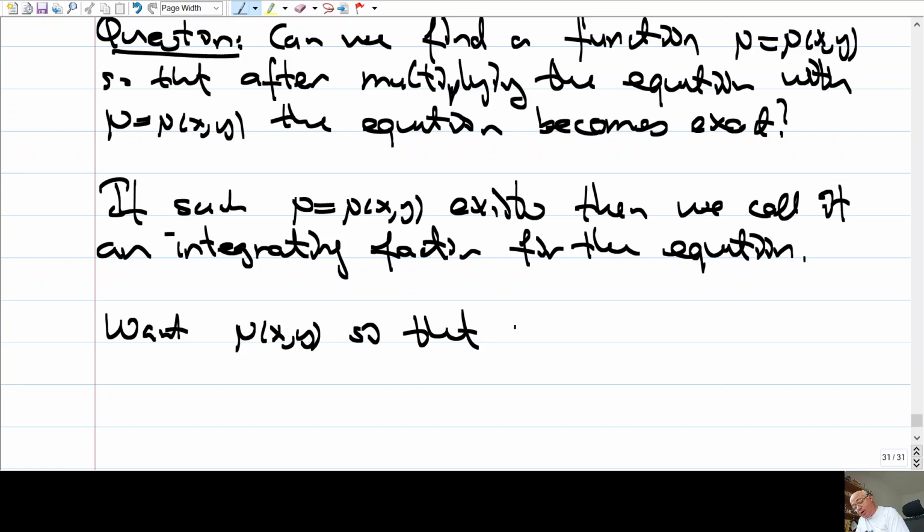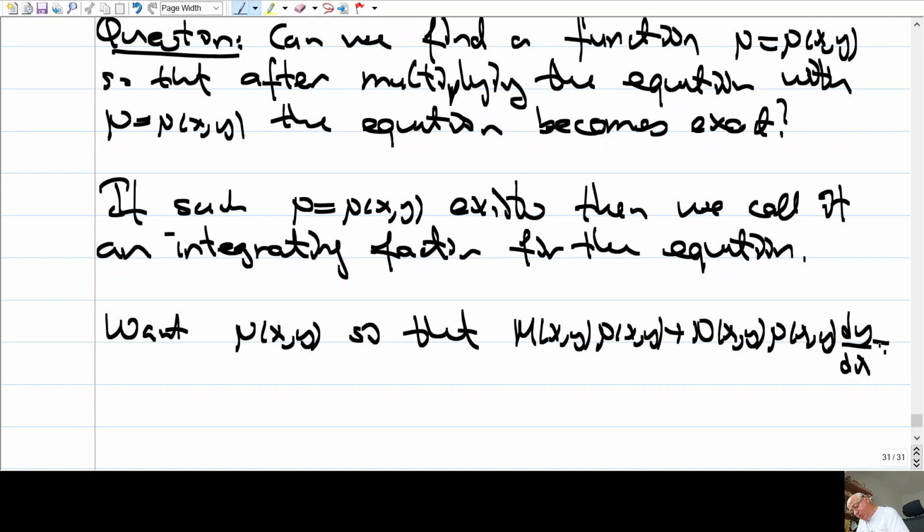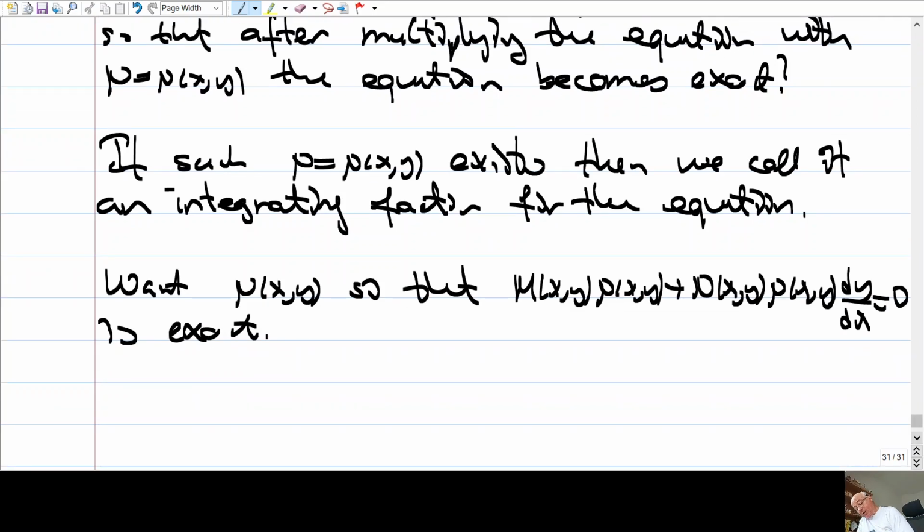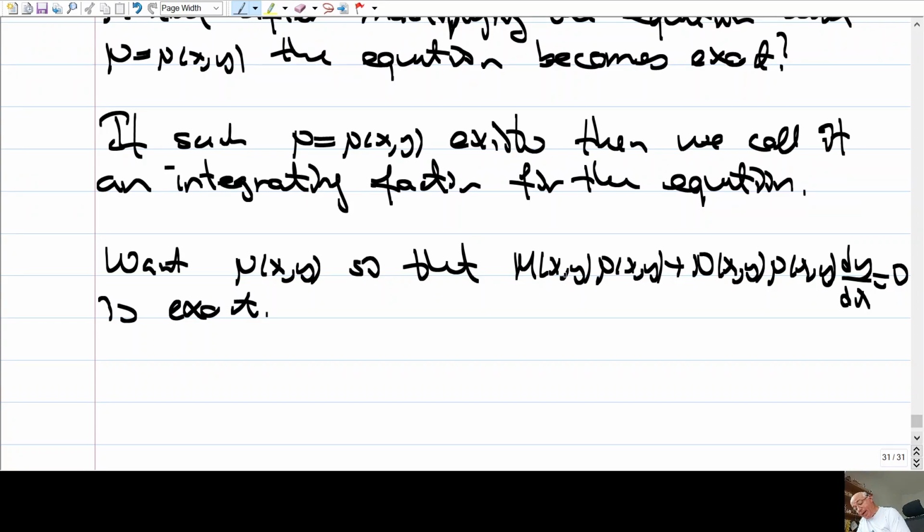So that M(x,y) times mu(x,y) dx plus N(x,y) times mu(x,y) dy equals 0 is exact. Right? We have this original equation, I multiply by mu, and I want this equation to be exact now. Well, for this to be exact, of course, we have the following criterion, that the y derivative of this should be the x derivative of this gadget.